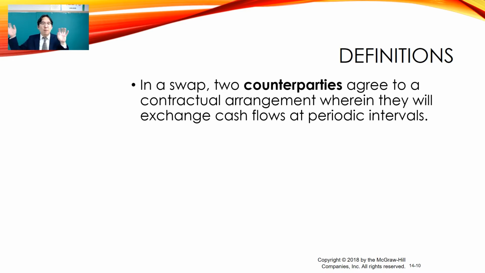The principal amount usually stays there, but the interest rate payment obligations are exchanged. I was supposed to pay a fixed interest rate previously, and you a floating rate, but we swap the contract so that I pay the floating rate interest and you pay the fixed rate. So that's what's going on over here.